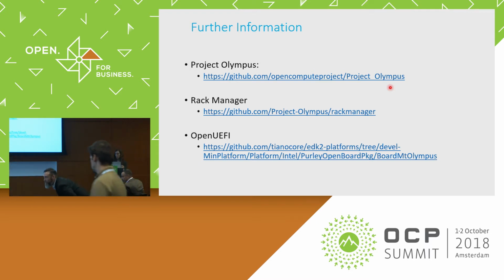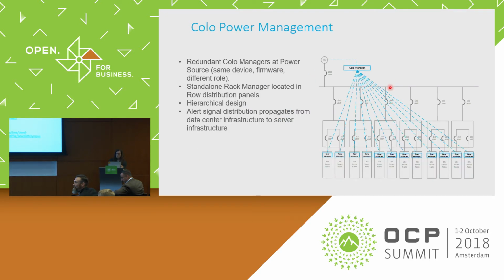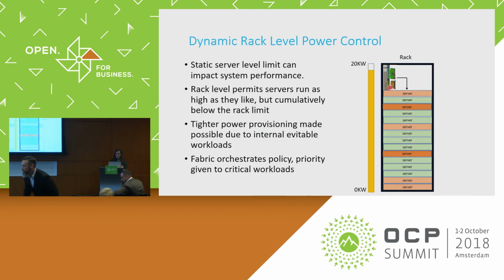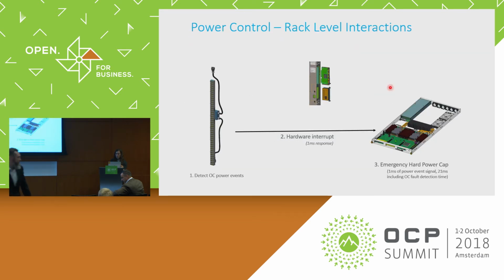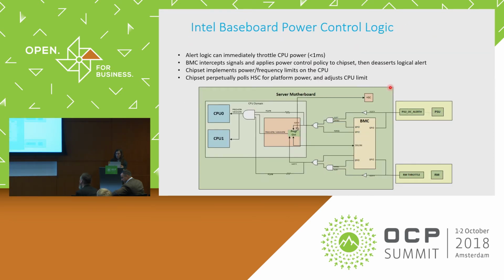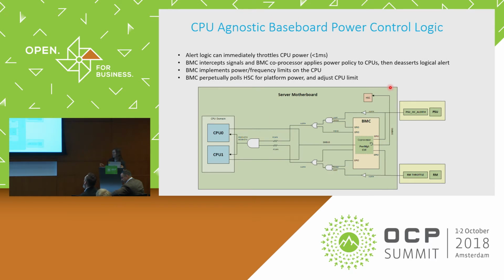So how do you configure these rack manager, BMC kind of processors? Yeah. The BMC and the rack manager are configured by our fabric. There's firmware that runs in the baseboard management controller, and that firmware allows for a policy to be assigned to the blade.